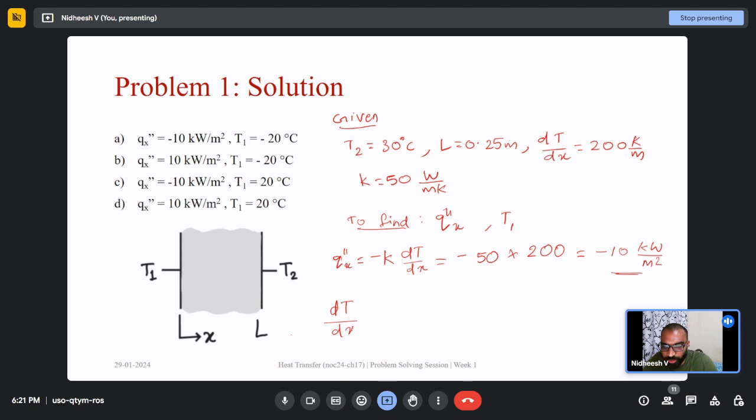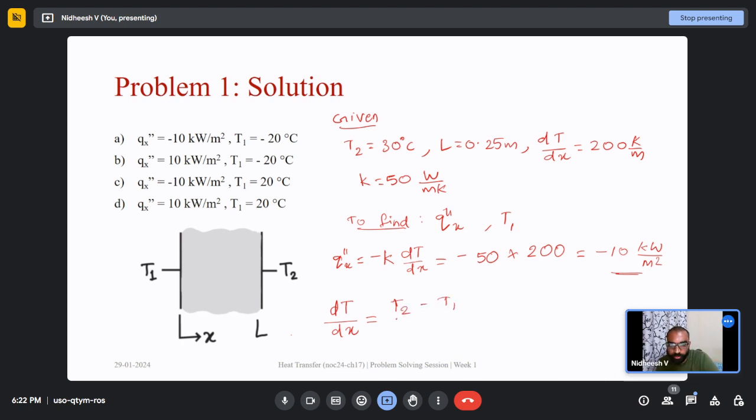We studied this in one of the lectures when we were doing the one-dimensional steady-state heat conduction problem. Does someone remember? For this particular case, T1 minus T2 by L. Yeah, in this case it would be T2 minus T1 by L.